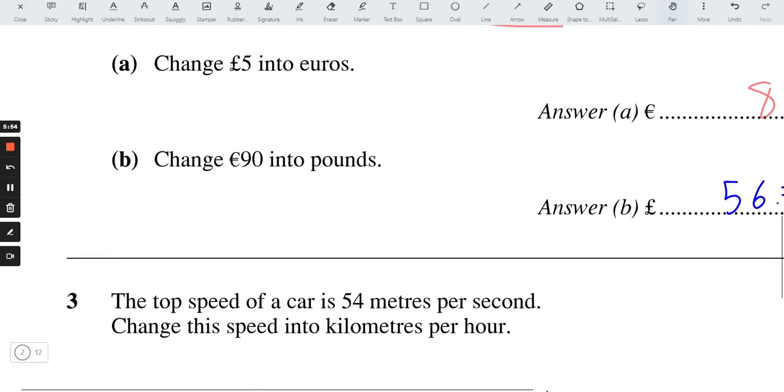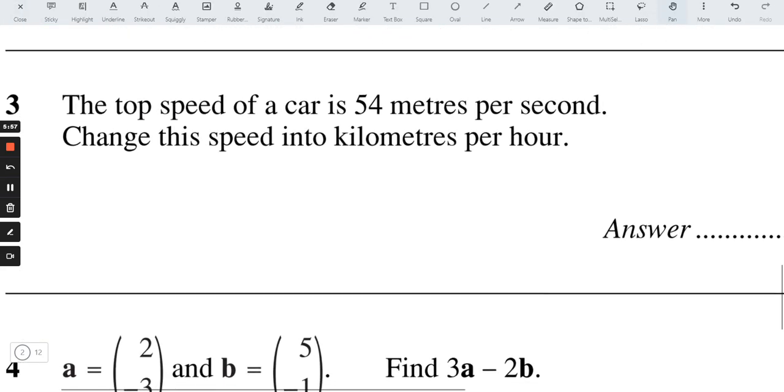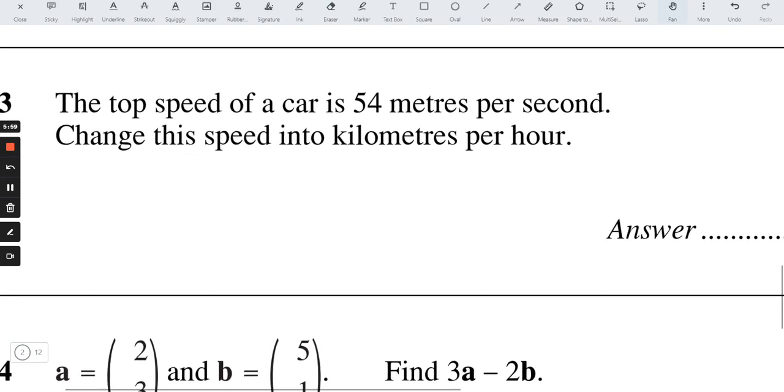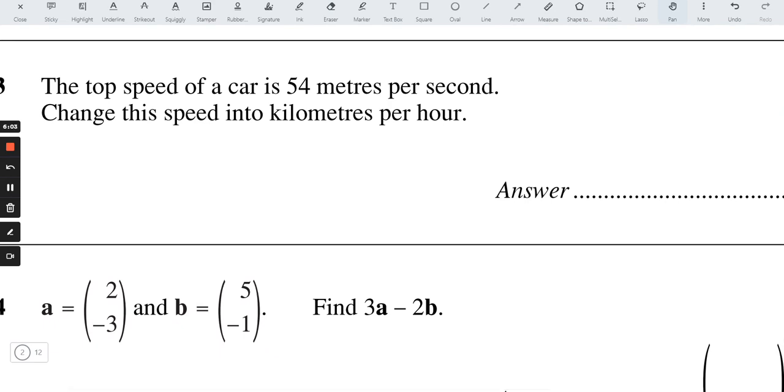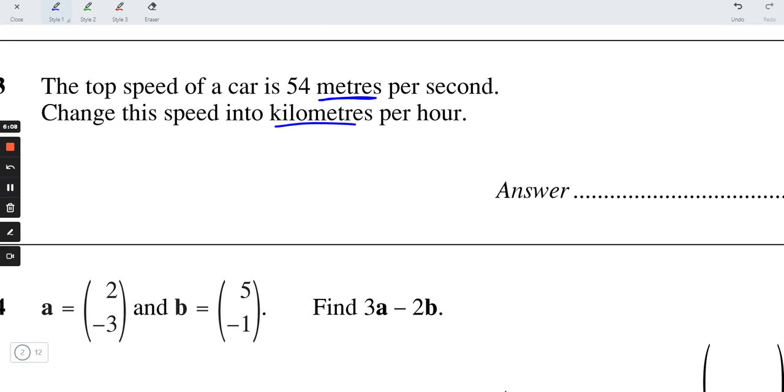Next question here, we have question 3. The top speed of a car is 54 meters per second. Change this speed into kilometers per hour. So we need to change it from meters to kilometers and per second to per hour.